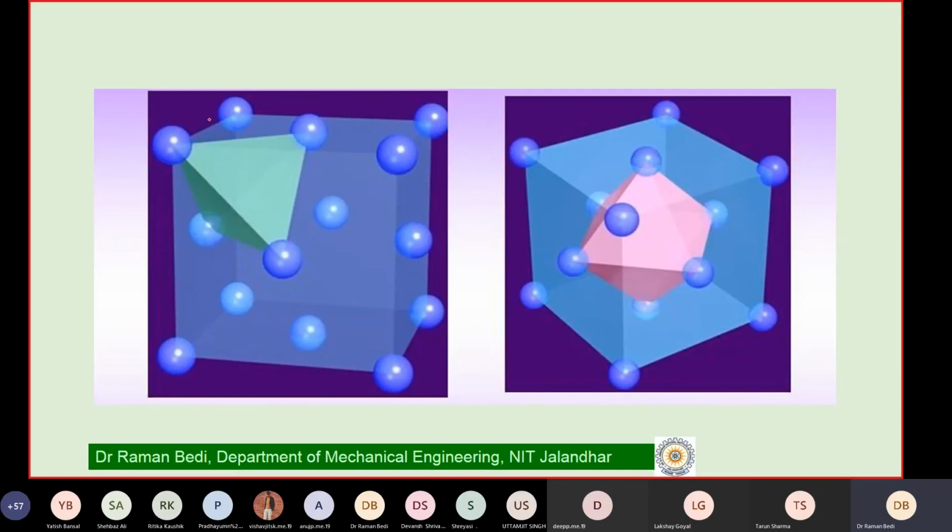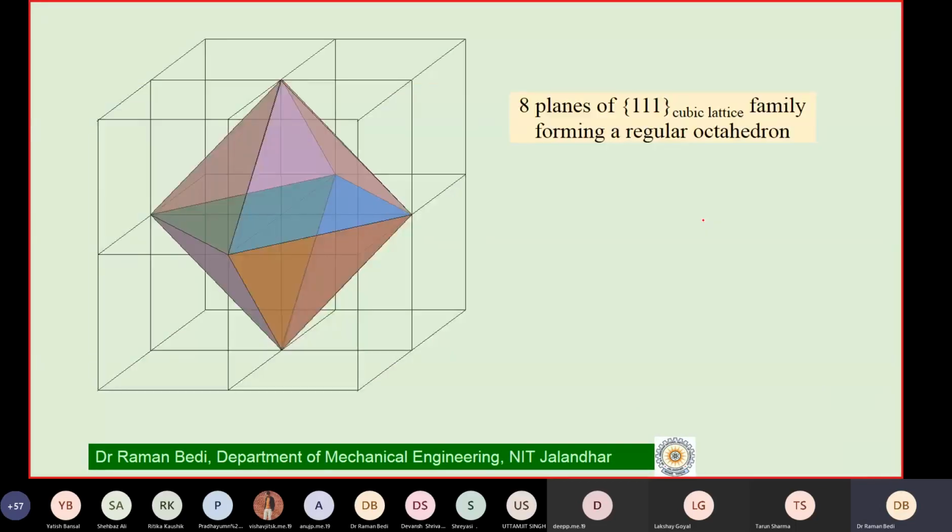Okay, so this is where we see that you have the first one here as the tetrahedral voids, and this is one location of your octahedral voids which is shown here. Okay, can you now recall this figure, that if you are showing the unit cells here, and now I'm trying to show the octahedron with the help of something which we already have discussed.